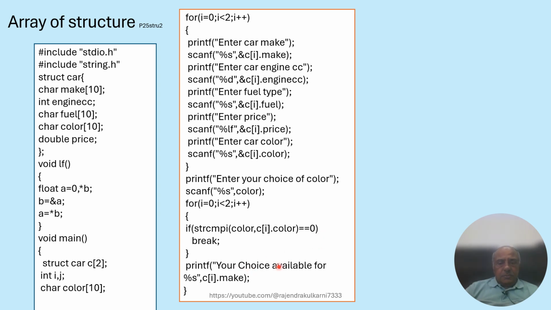And this printf statement tells the user that your choice is available for the particular make. This C subscript I dot make, this I is the structure element of structure C which matches with the color given as the user input for his choice of color.